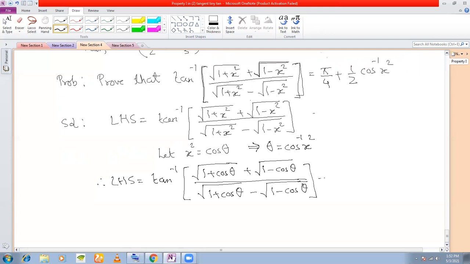Which is equal to tan inverse of: root 1 plus cos theta, as I told you, is root of 2 cos square theta by 2, and root 1 minus cos theta is root of 2 sine square theta by 2.